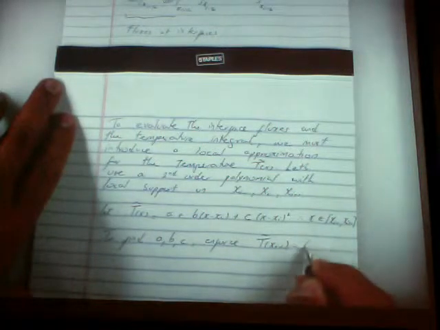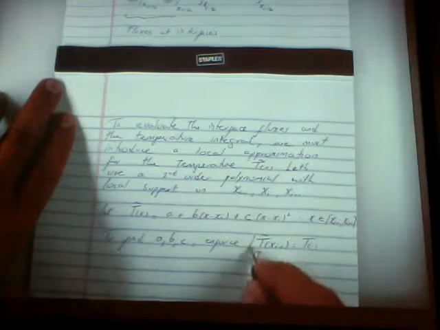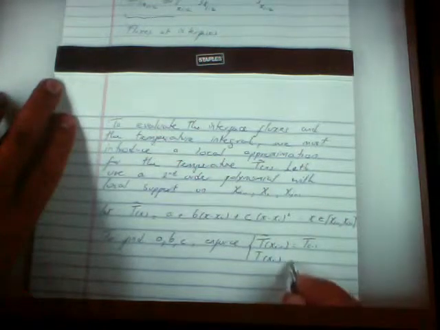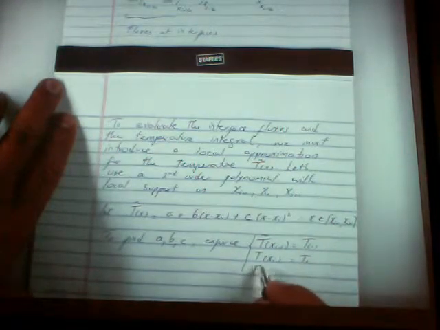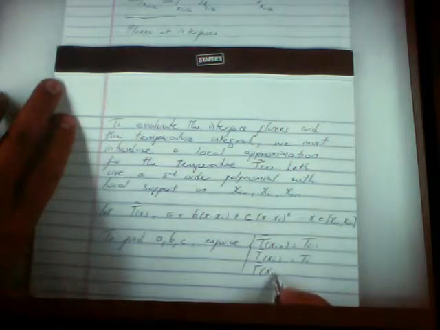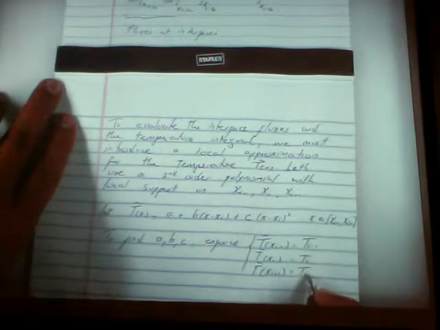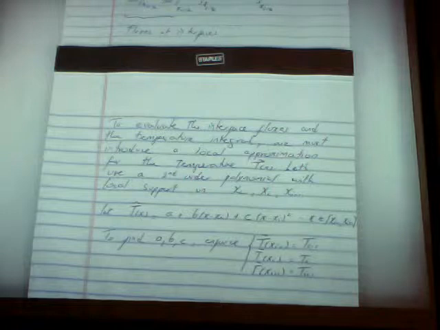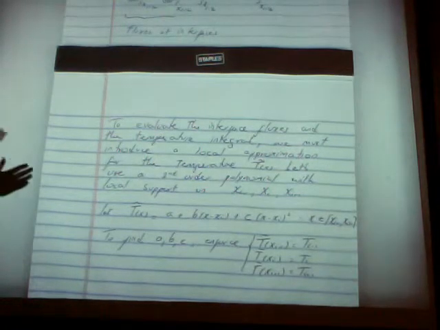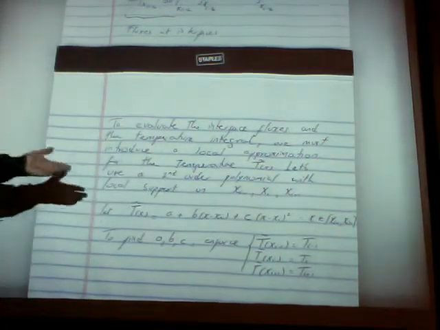To find a, b, c, enforce that T at x_i minus 1 must be equal to T_i minus 1. T at x_i must be equal to T_i. T at x_i plus 1 must be equal to T_i plus 1. The usual, right? So we selected a parabola because a parabola has three coefficients. And since we have three nodes, we can generate three equations. Three equations to find three coefficients.